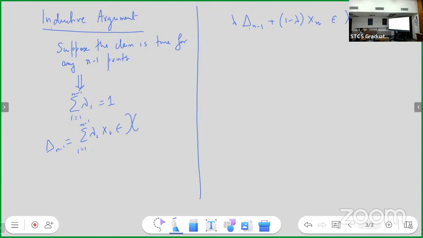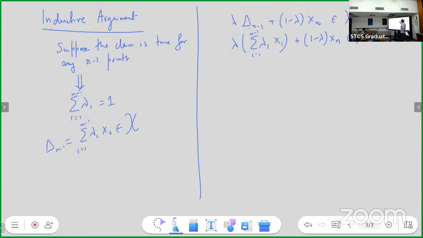I'm not saying this is a wrong approach. Lambda is a common factor of all of them. Now what do I get?